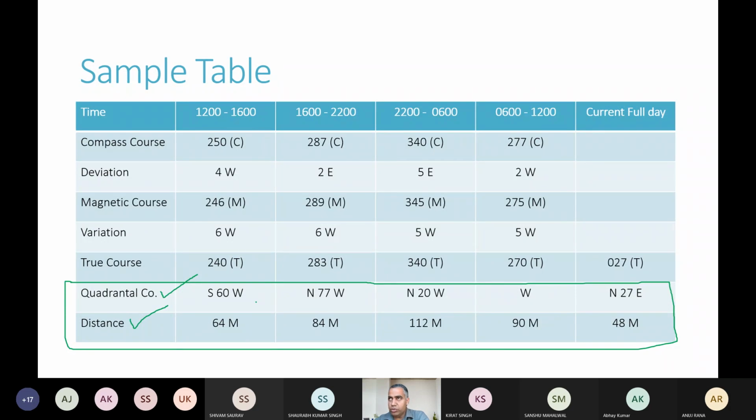So we will be using these values in the next calculation. So I am going over to the next slide now.